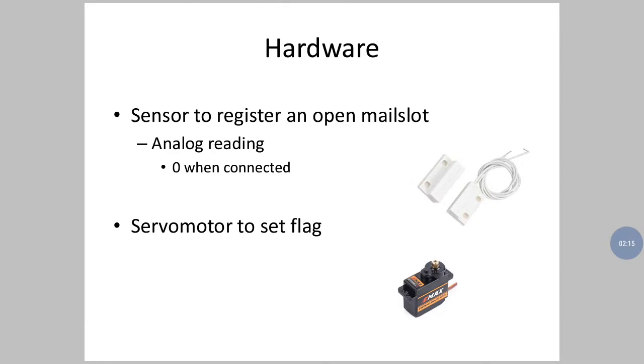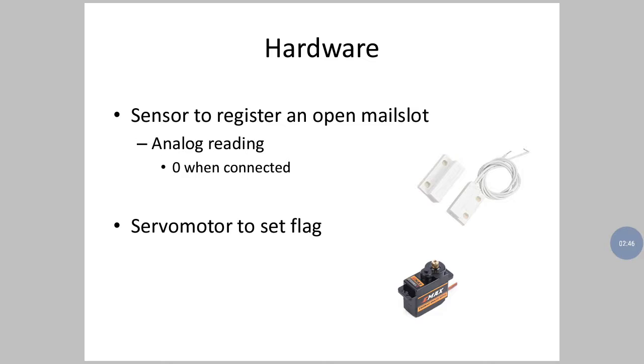The hardware is something that I already ordered and have, and it's a contact. You can see this white contact. It's quite common for alarm systems: when these two white blocks are separated, there's an output, and you can detect that with your microcontroller.